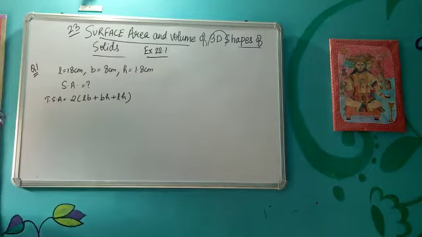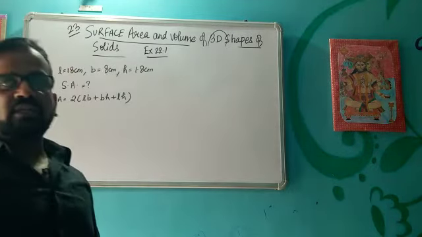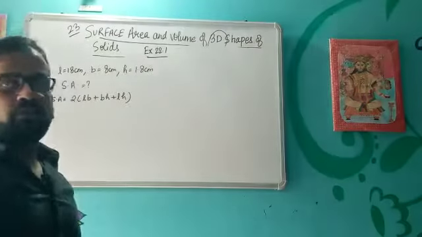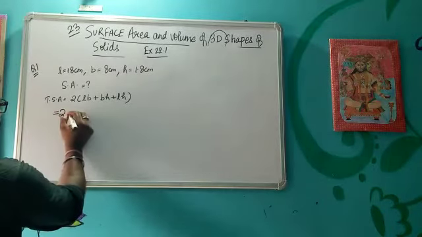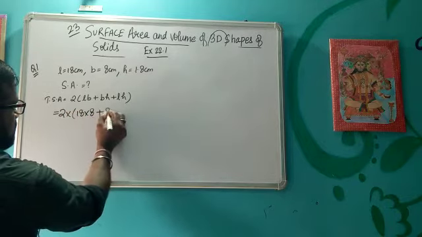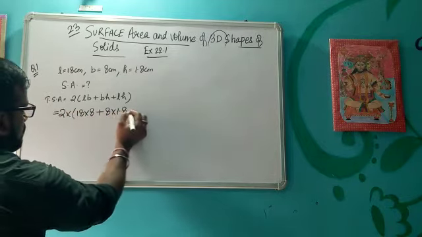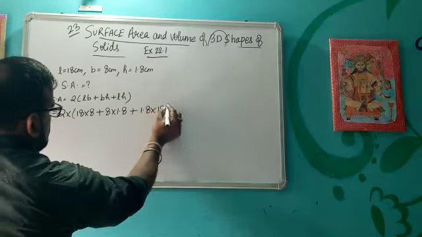Whenever it is given that calculate the surface area, definitely we have to calculate the total surface area, not lateral surface area. So then we will put the values: 18 into 8 plus 8 into 1.8 plus 1.8 into 18.